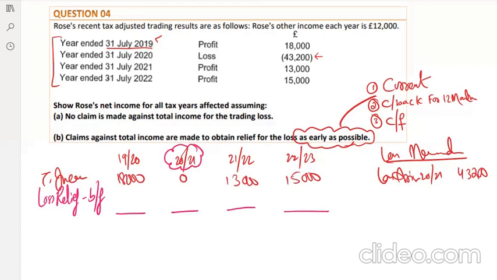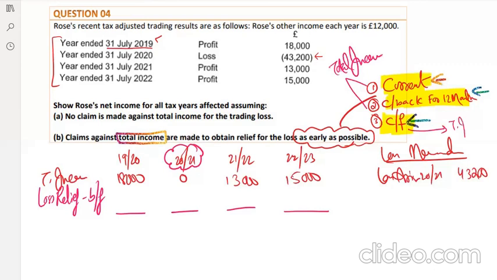The order is this. What is the order? First is current and carried back. We know that current and carried back apply from total income, right or wrong? And the third one, which is carry forward, is separate. Carry forward will apply from trading income, not from total income.